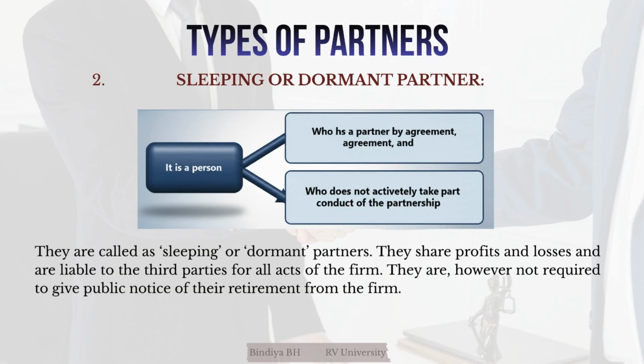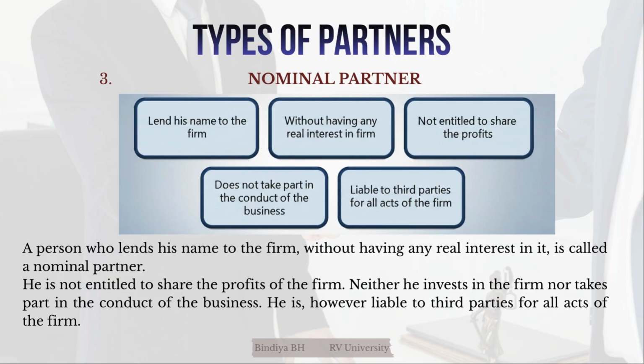Then the next type of partner is a nominal partner. Who is a nominal partner? The partner who lends his name to the firm but does not invest, does not even share profit, and is liable to the outsiders. Please understand here, a nominal partner only lends his name to the firm.